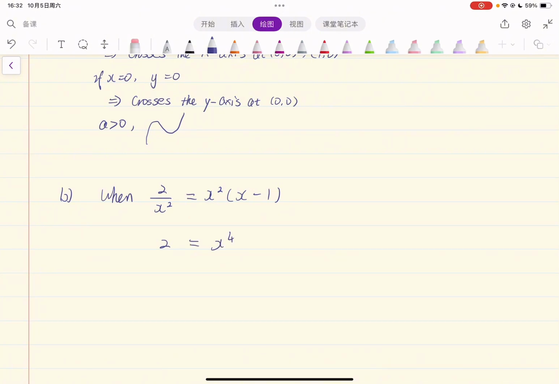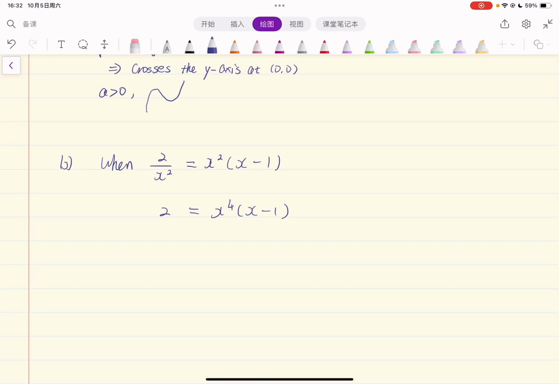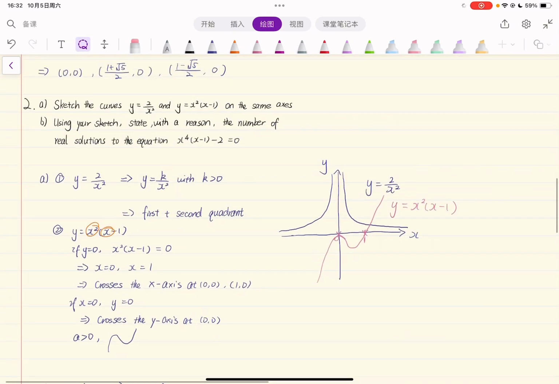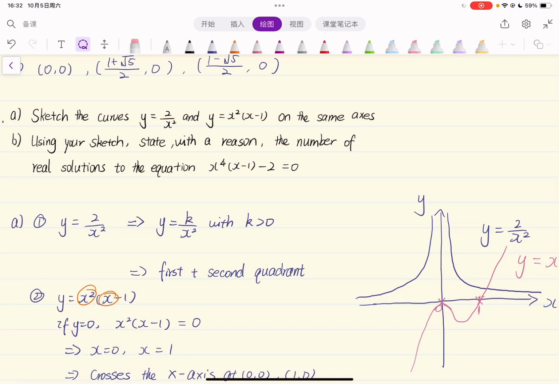So we have 2 equals x to the power 4 times (x minus 1), and we let the right-hand side become 0, so that we have x to the power 4 times (x minus 1) minus 2 equals 0.